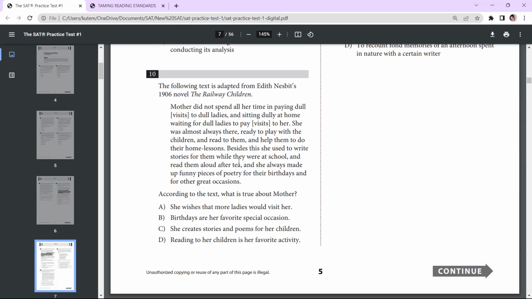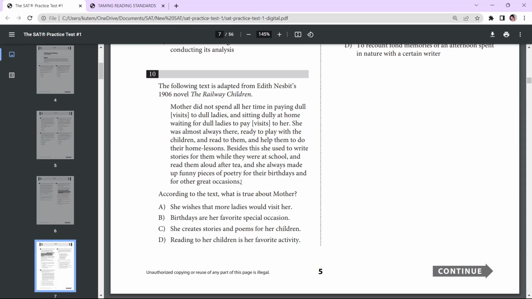She was almost always there, ready to play with the children and read to them and help them to do their home lessons. Besides this, she used to write stories for them while they were at school and read them aloud after tea, and she always made up funny pieces of poetry for their birthdays and for other great occasions.